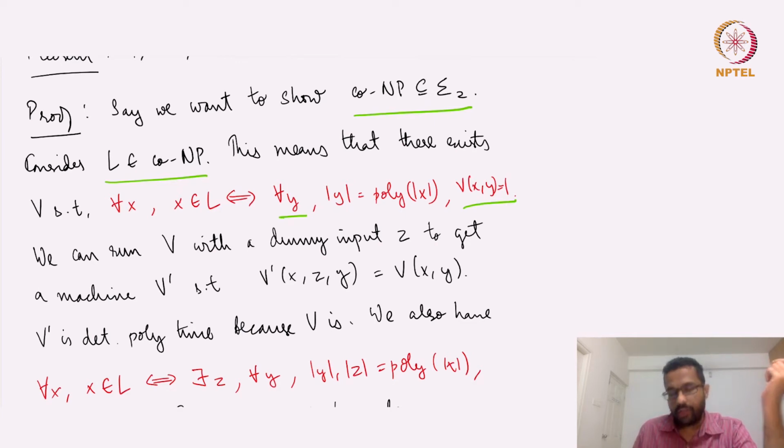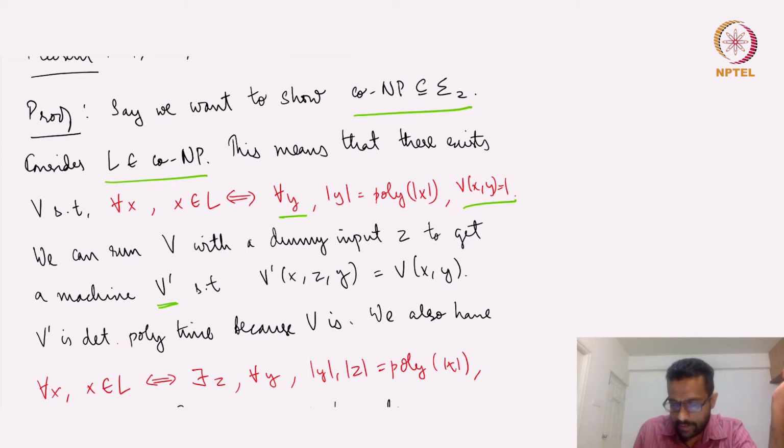Now this is the verifier. Now I could run the verifier with another input, a dummy input, which does not really change the outcome of the verifier, right? So I could define V' as a verifier which takes z also as an input. So remember, z is a dummy input.